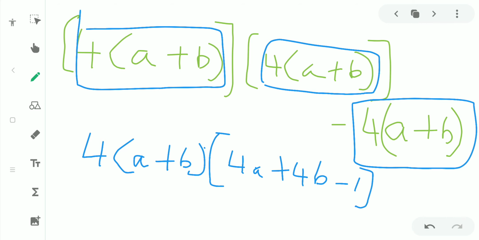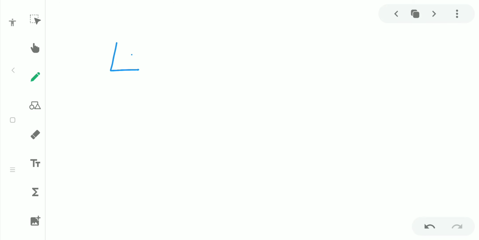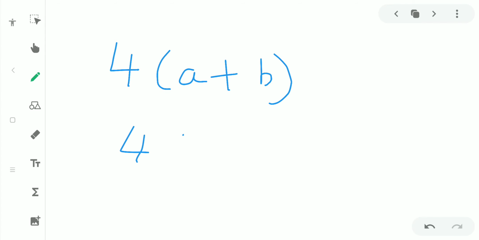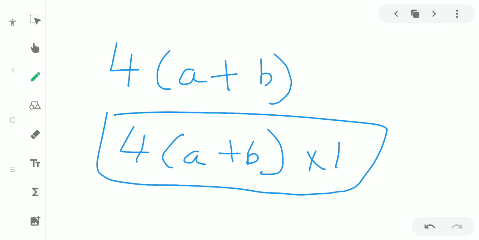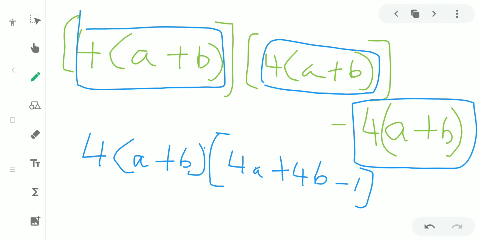You may get a question why I wrote minus 1. 4 into a plus b I can also write as 4 into a plus b into 1, because anything multiplied with 1 is the number itself. So I have written here 1.